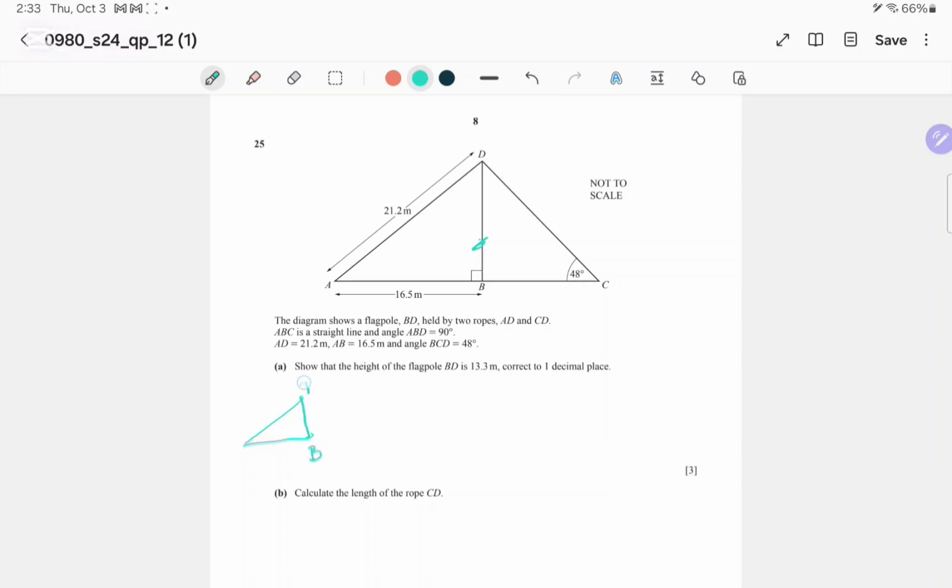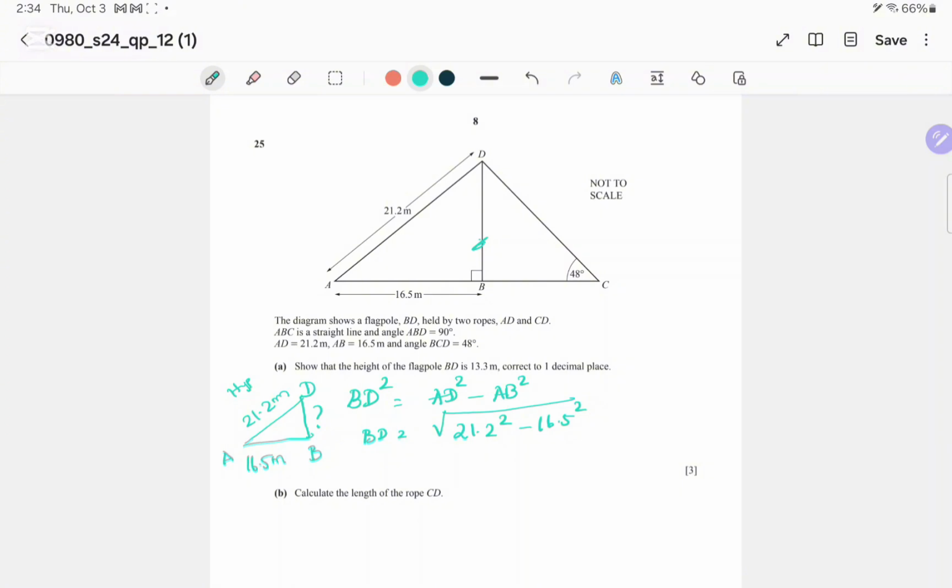This is B, this is D, this is A, this is 21.2 meters, this is 16.5 meters. We need this part. Hypotenuse is given. Okay, Pythagoras theorem we will use. So BD square is equal to AD square minus AB square, where AD is the longest side. BD is equal to square root of 21.2 square minus 16.5 square.